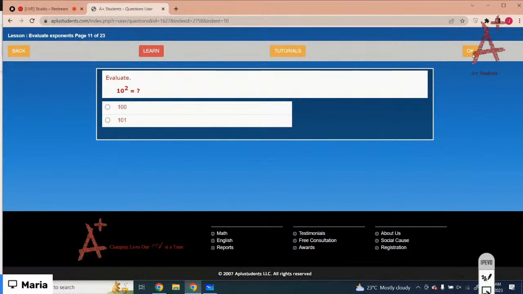So 10 square is 10 times 10, and 10 times 10 is 100. Got it? The correct option is 100.